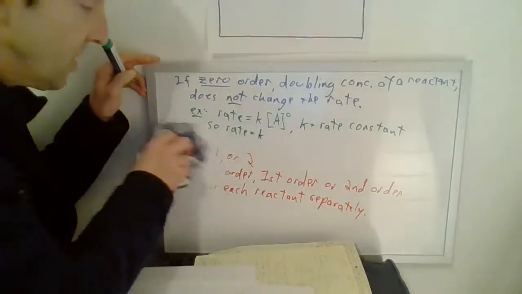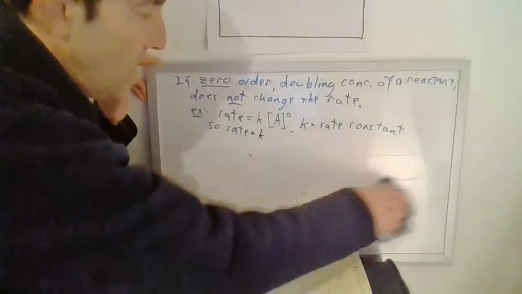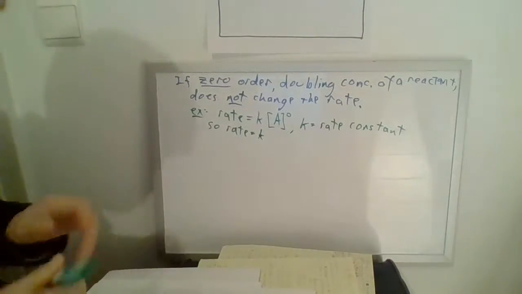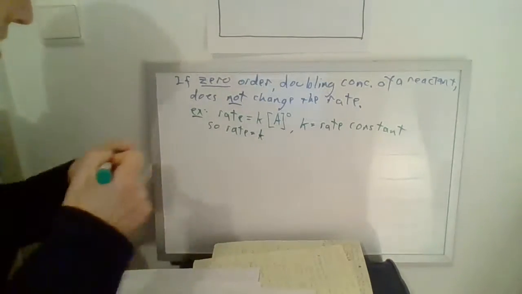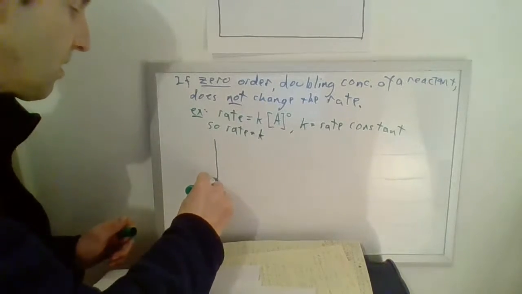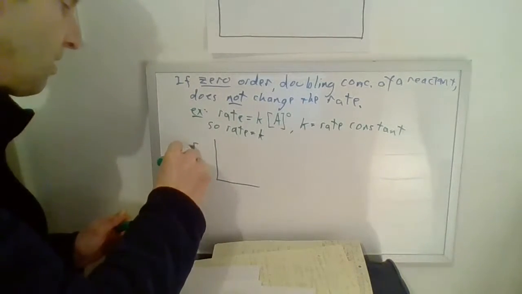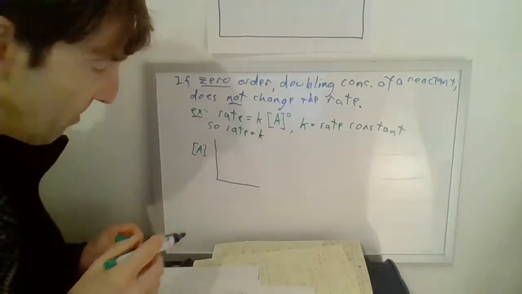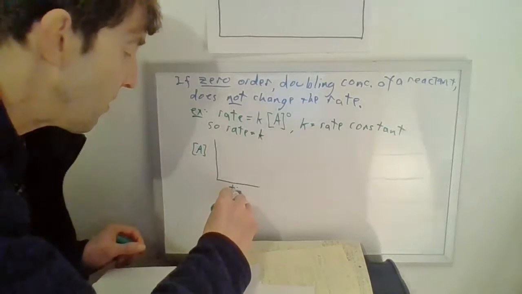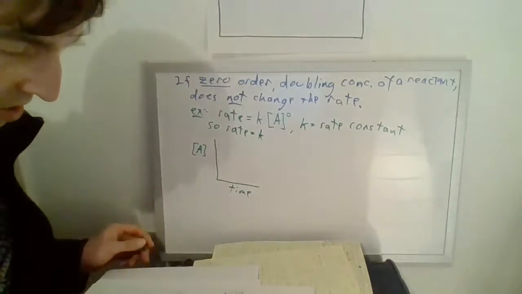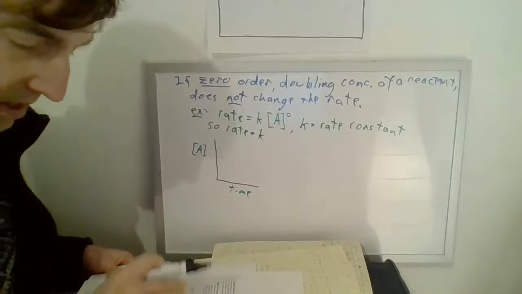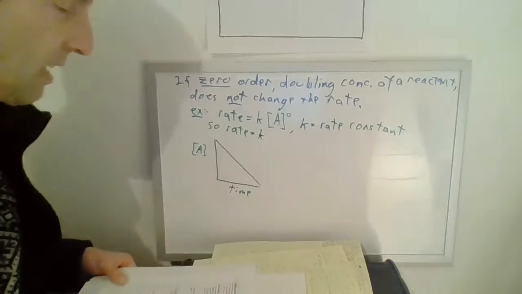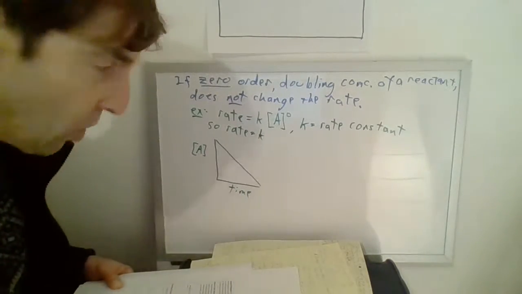So what that means is, if I've got an amount of chemical A, then over time, could be seconds or minutes, whatever it happens to be, I get less of it. And it doesn't change, it's a constant slope.